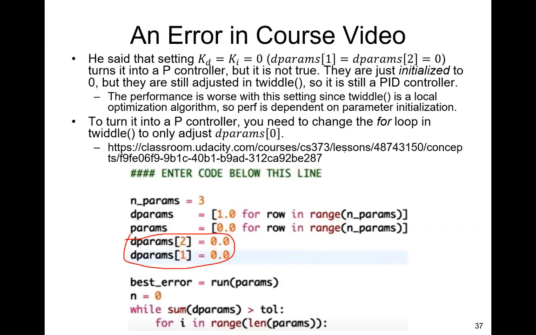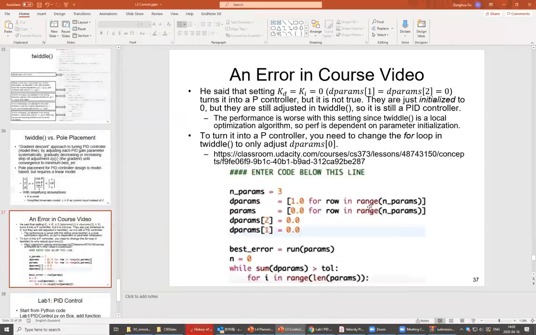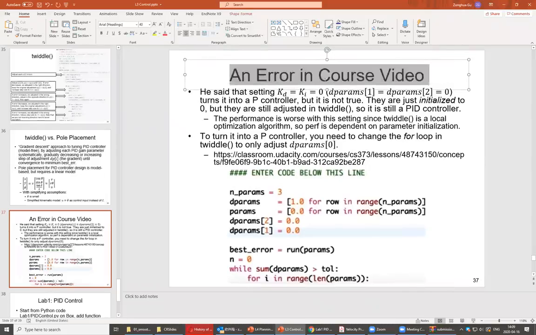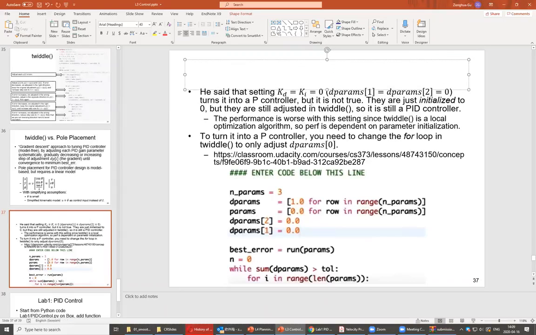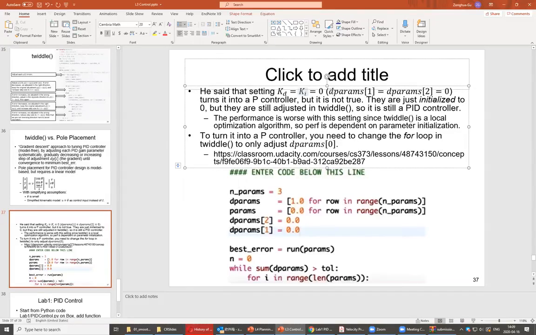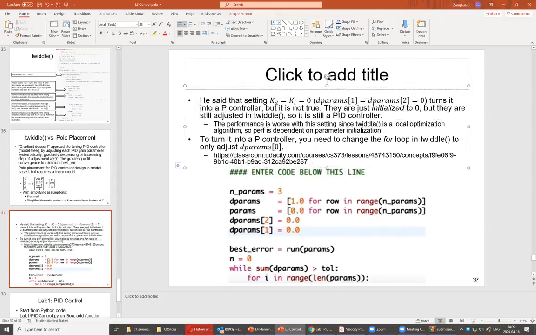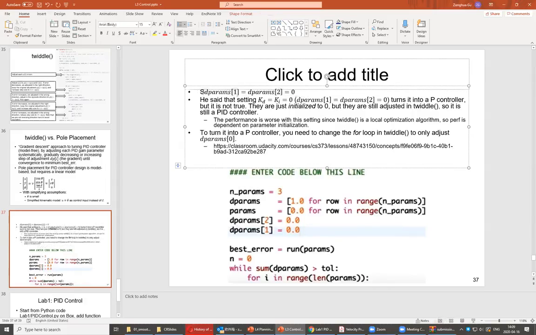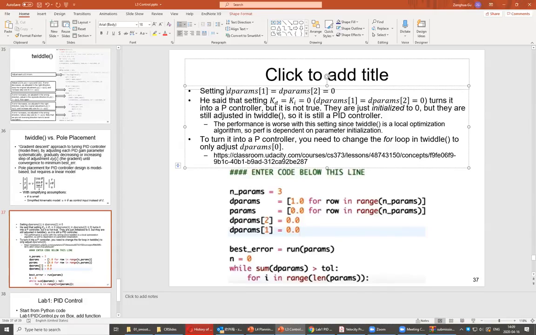So it's still a PID controller. But aren't they scaled with a number? So 0 times 0.9 should still be 0. Oh, the D param. Oh, I think I made a mistake. Oh, yes. It's not an error. Sorry. That's the DP. I thought it's P.